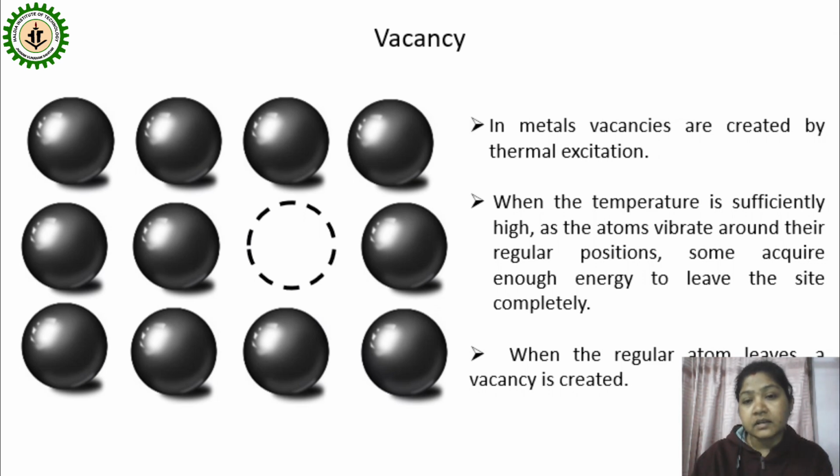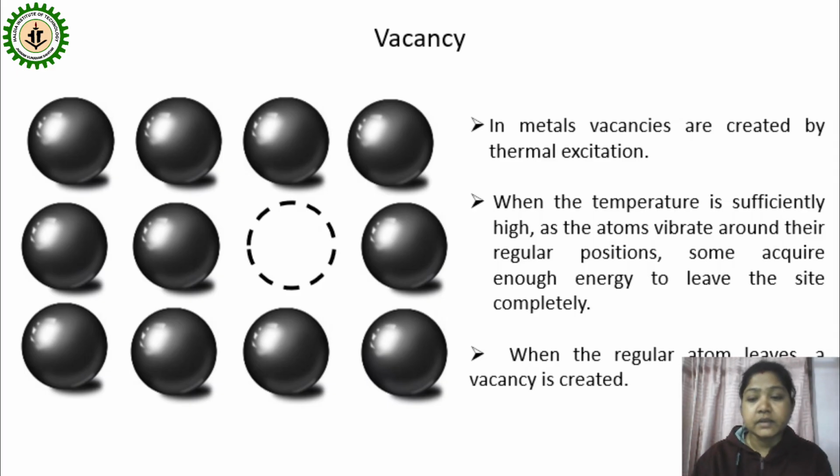This can happen when you heat the material to a sufficiently high temperature. Then the atoms vibrate around their regular positions. Now if any atom acquires enough energy to break the bonds and leave the site completely, then a vacancy is created.